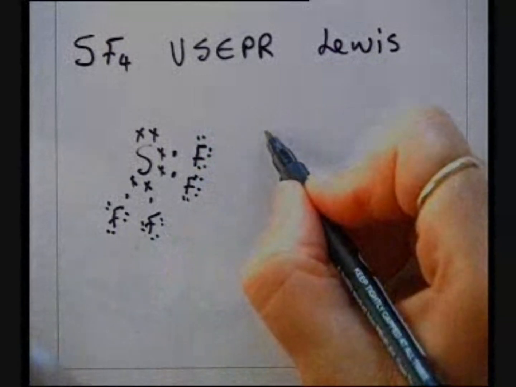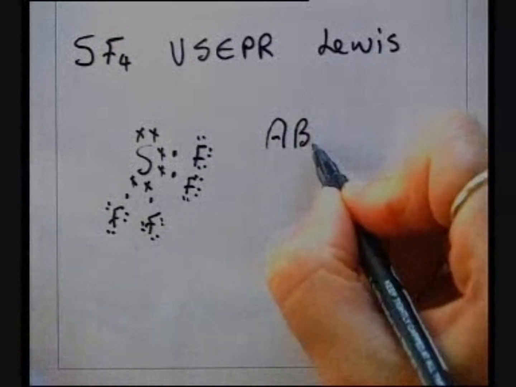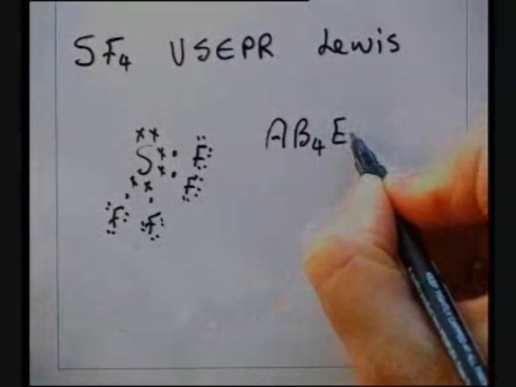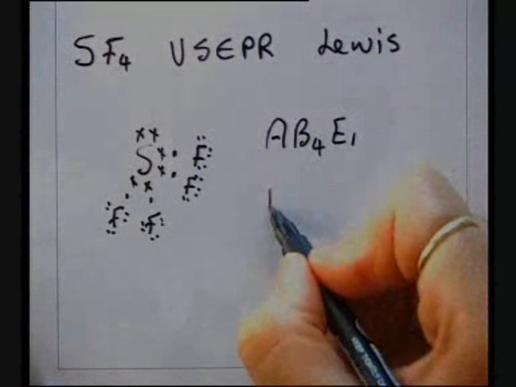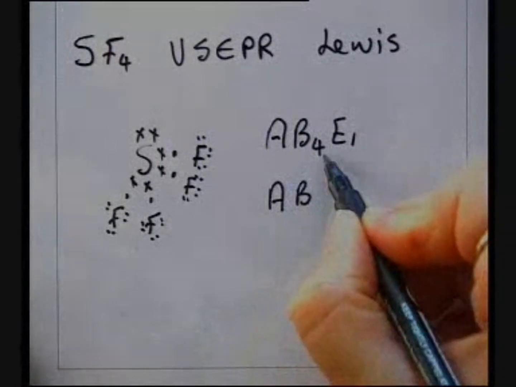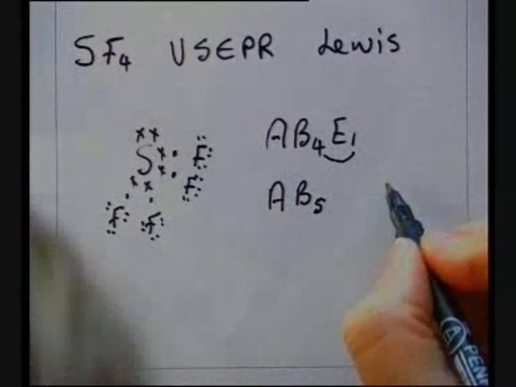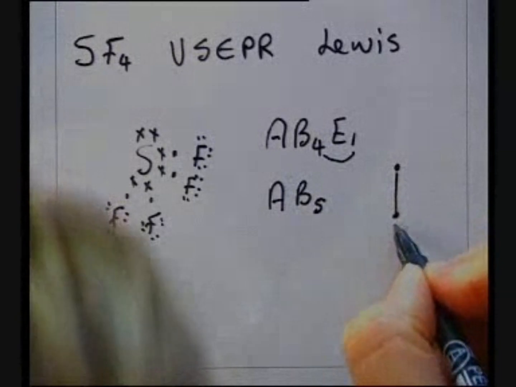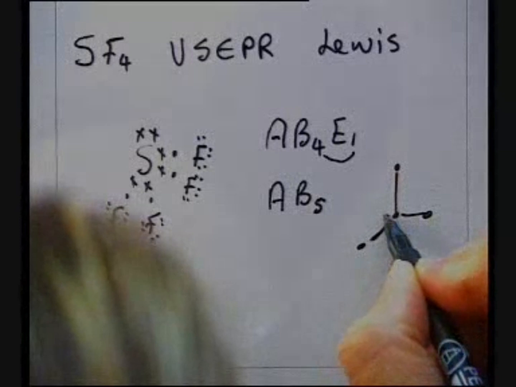For the molecular geometry, we have got a central atom A bonded to 4 terminal atoms having 1 lone pair. Electron pair geometry AX4E, 4 plus 1 make 5, and that will describe a trigonal bipyramidal molecular geometry.